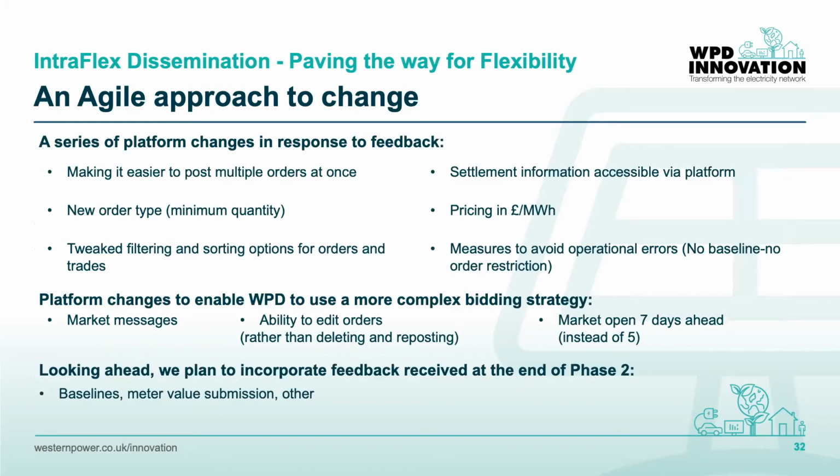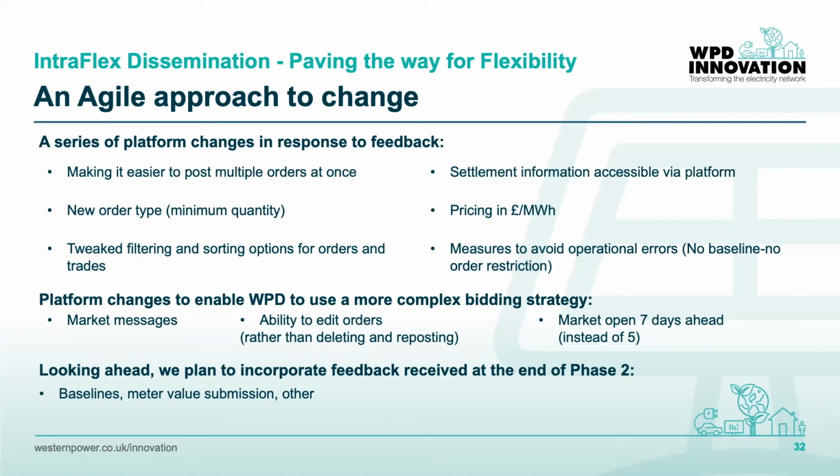We took almost all feedback on board, and we made consequent changes between the first phase of the project and the second phase of the project. And that included tweaking some parts of the platform, and it included developing some new features.